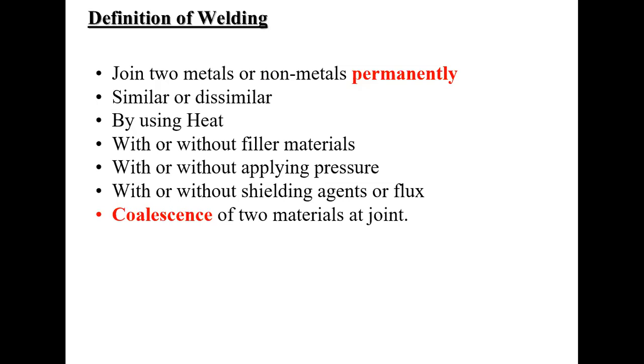Another important word is coalescence of two materials at the joint. This is very important in case of welding, because there should be a mechanical similarity in the properties for welding.